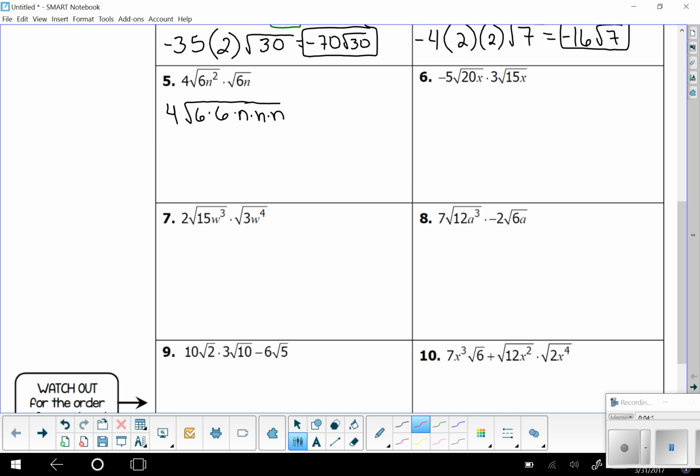So we have 6's are pairs, n's are pairs, and then we have 1 n. So we have a 4, a 6, and an n. Square root n. Clean it up. 24n square root n. Alright, you guys try 6, 7, 8.